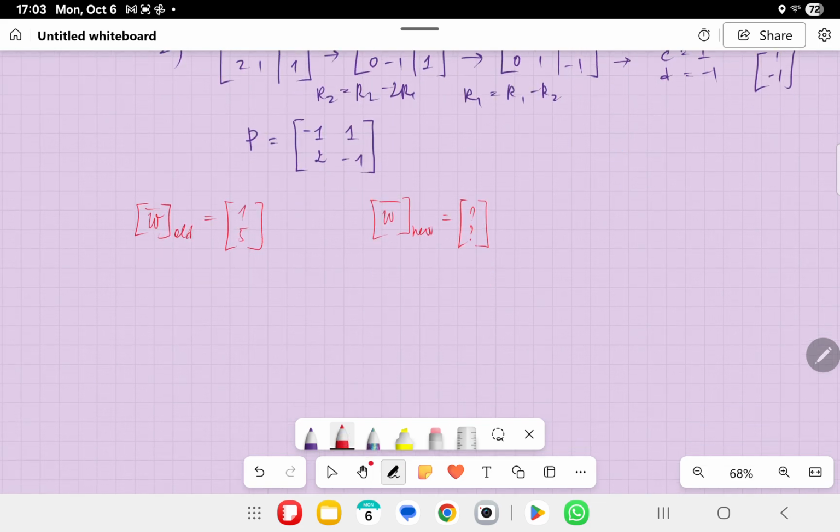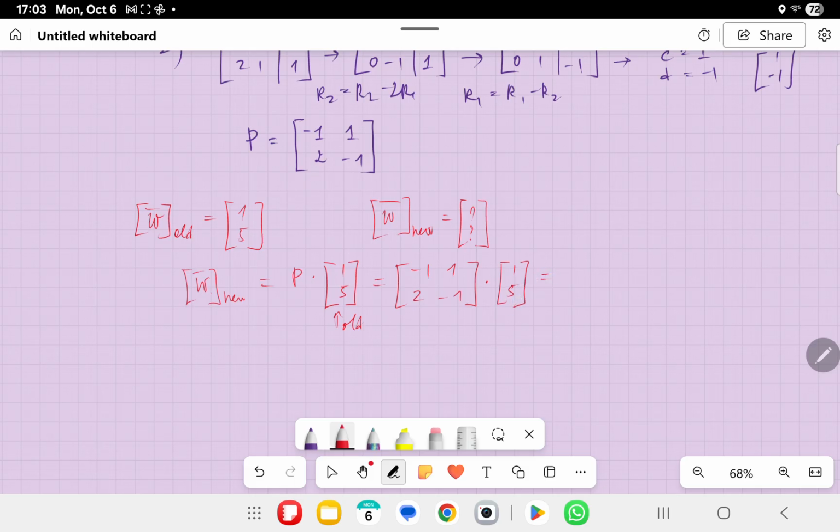Well, we remember that to find W in a new basis, we are supposed to take the transformation matrix and multiply it by coordinates from old. Well, the matrix is known. It's minus 1, 2, 1, minus 1, and my coordinates are 1, 5.